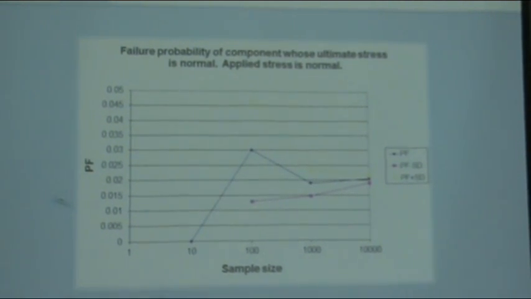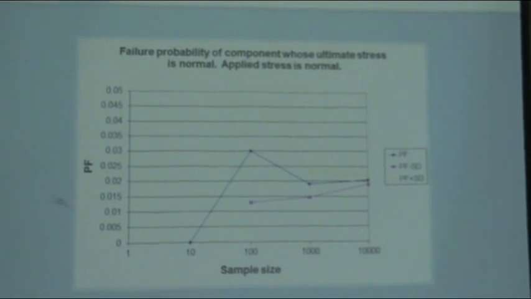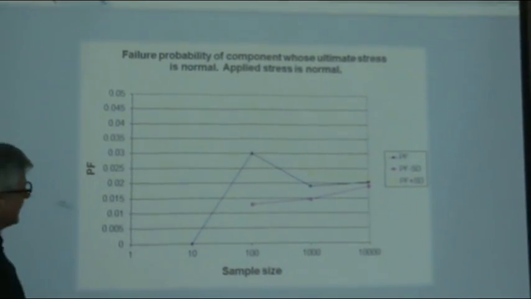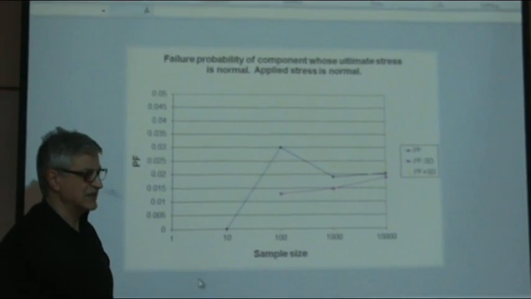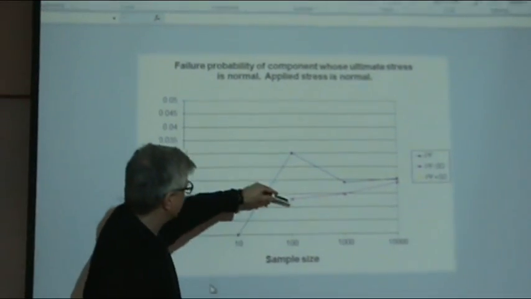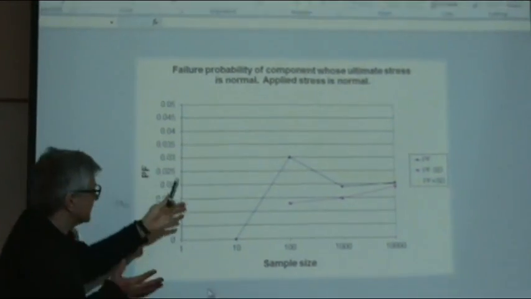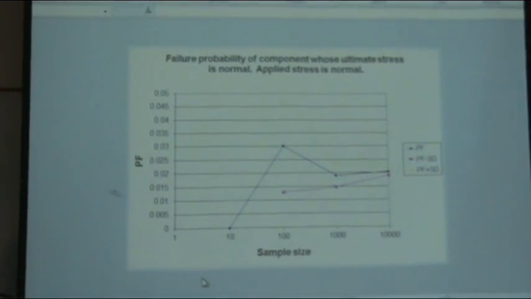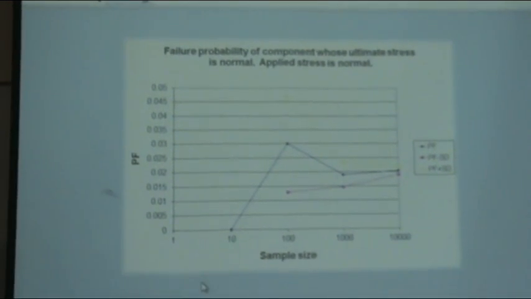Now, can you predict how many replications you will need to refine your accuracy? Say that you have done 100 simulations and you got this probability of failure, and this is the gap between the upper and lower estimates.